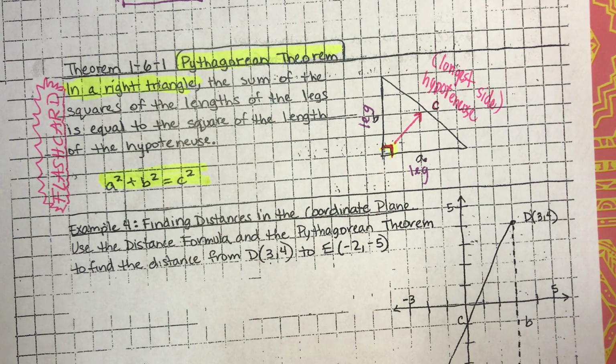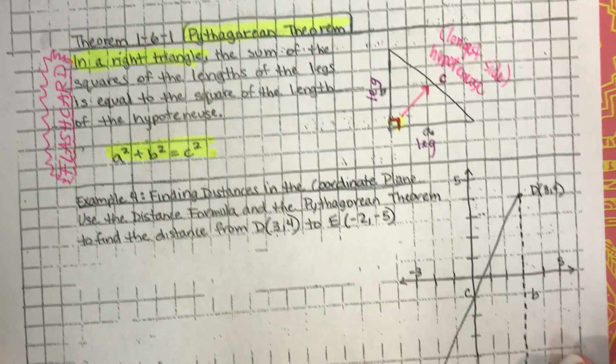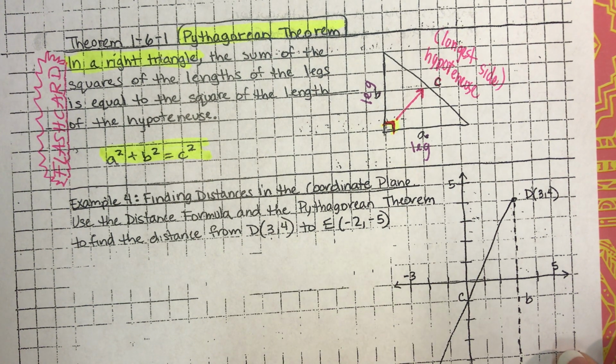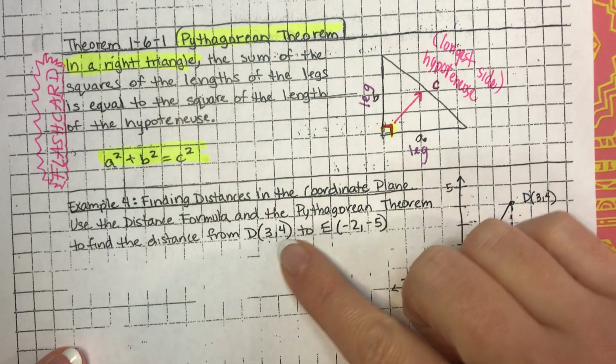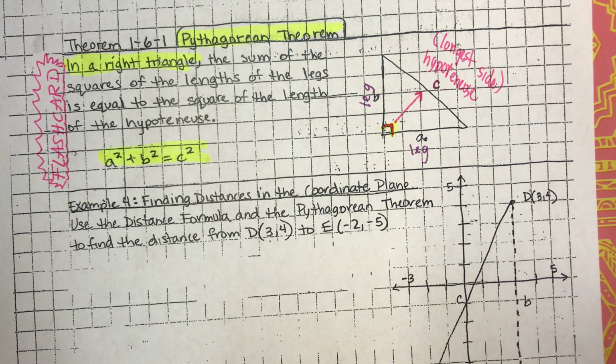Okay, let's look and see how we're going to apply this in an example. So example 4, here we go. Example 4 states, finding distances in the coordinate plane, use the distance formula and the Pythagorean theorem to find the distance from D to E. So it wants us to do two things. It's always super important. I like being able to highlight this.